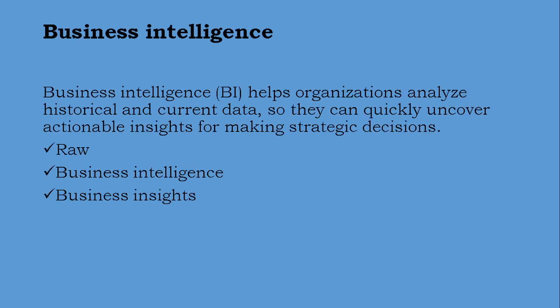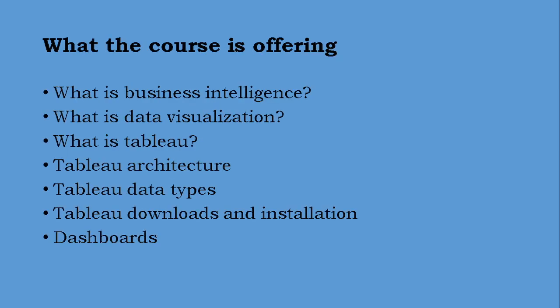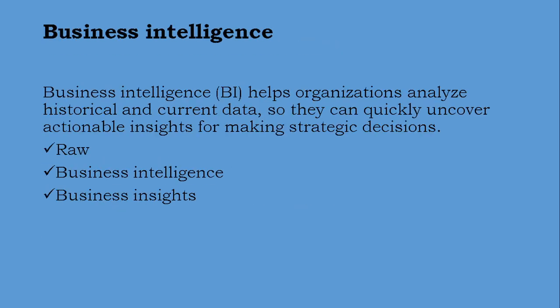So now we start with the first one. What is business intelligence? This is the first thing we are going to cover. We just want to understand what this BI is. I just gave an explanation here, as there was no clear definition of BI. BI helps organizations analyze historical and current data.